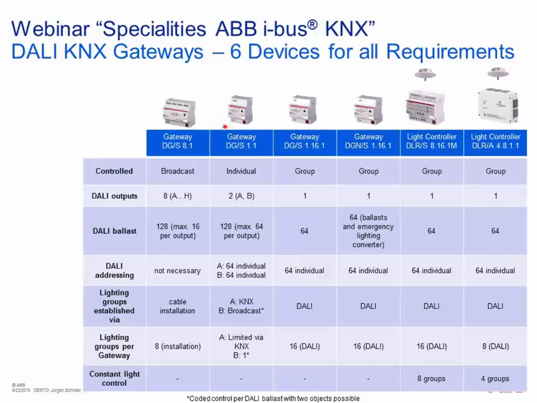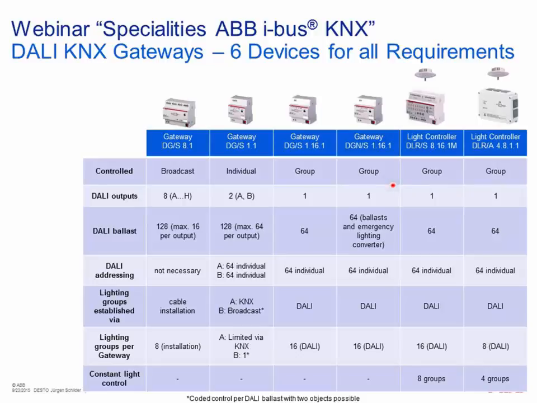So these are the most used DALI gateways for most of the applications, but here another one, more or less, let me say, an extension of the DGS116 one to connect self-contained emergency lighting, to create a consistent solution of standard lighting and emergency lighting based on DALI, and of course controlled via a complete KNX solution.